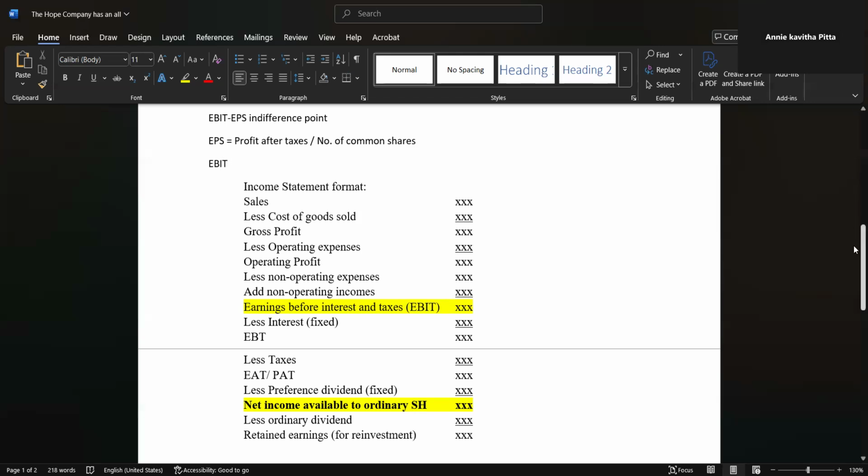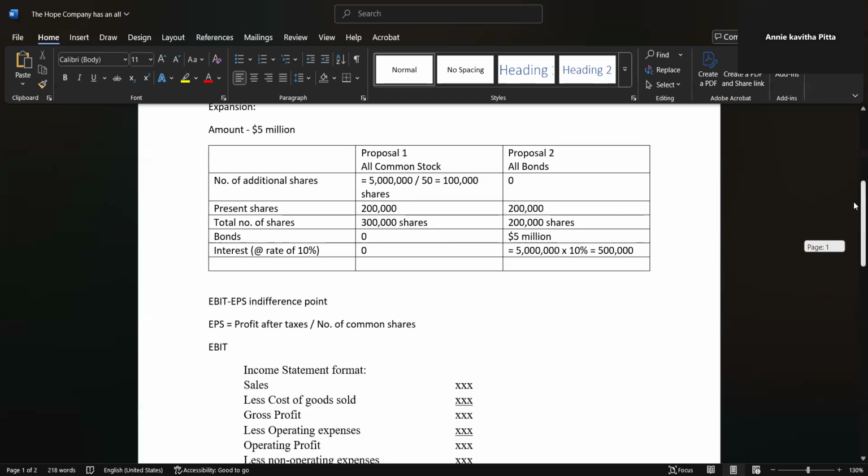Do we see any interest here in case of proposal 1? Because under proposal 1, it's an all common stock or all equity firm, and there is no plan to issue any bond capital. So it's completely equity, completely common stock. So there is no amount of interest that will have to be deducted here under proposal 1.